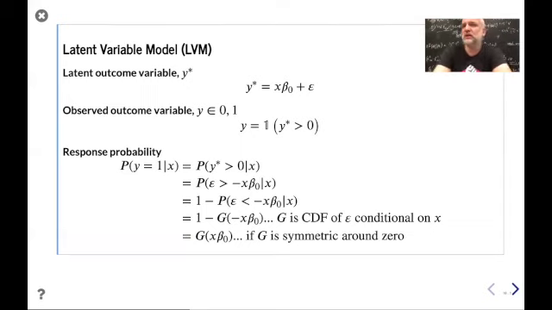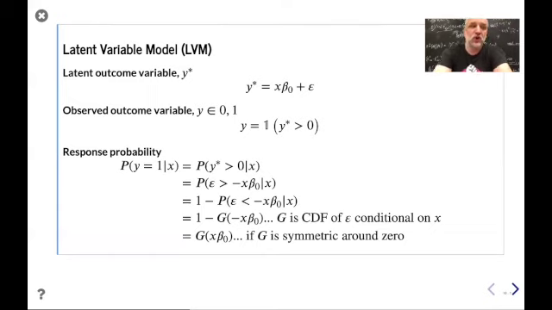Well, you can think of it as the net utility of choosing alternative one. If you do that, then it's natural to have the observed outcome, our binary response variable y, being equal to 1 whenever y star is positive.